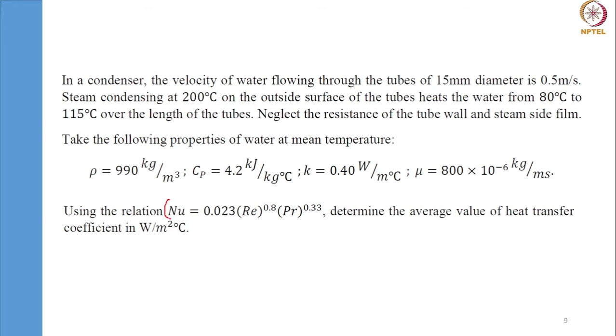This we know, this is the famous Dittus-Boelter equation for cooling, which is valid for fluids which don't have phase change. So we are interested to find out the average value of heat transfer coefficient. You can start working out. I'll give you a couple of minutes.